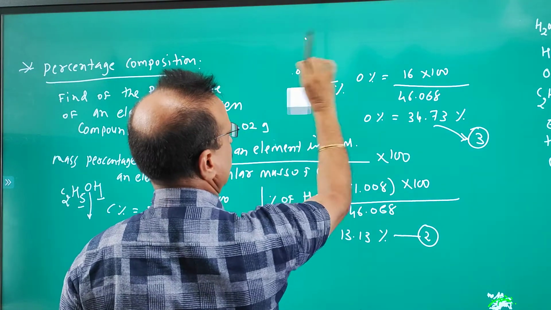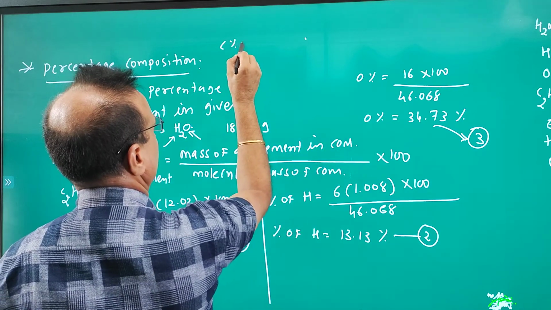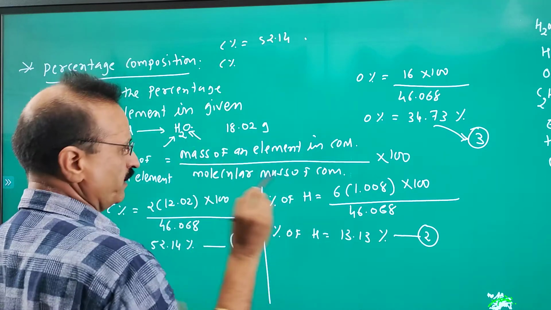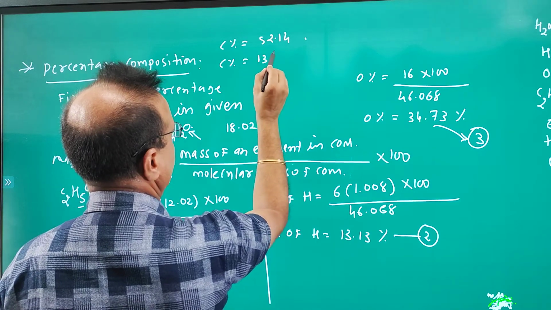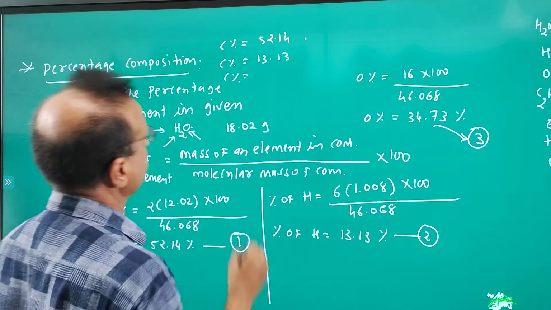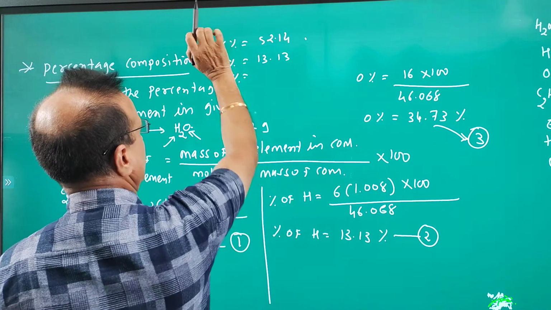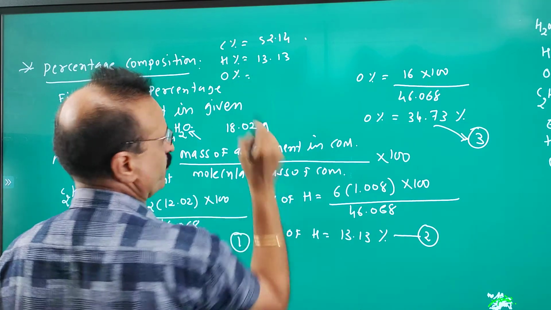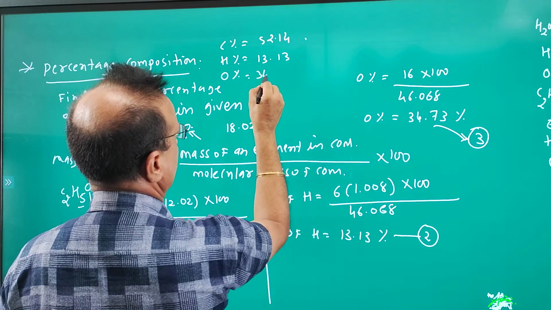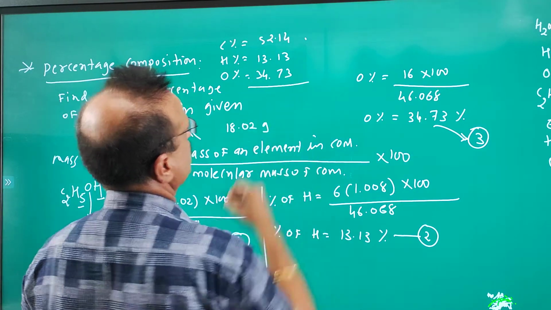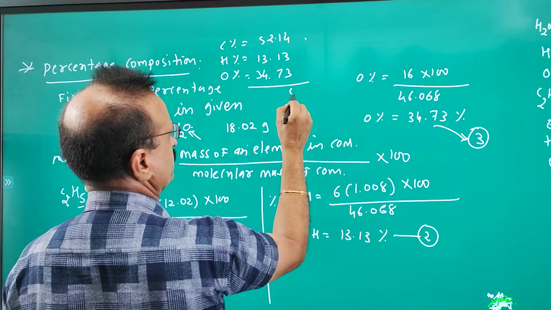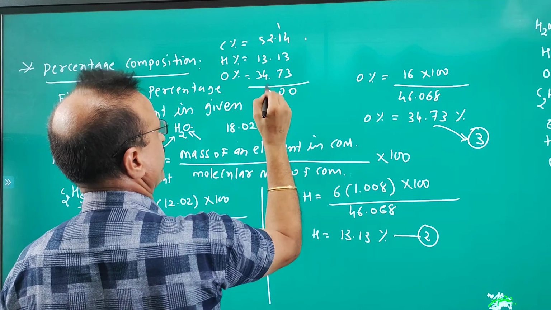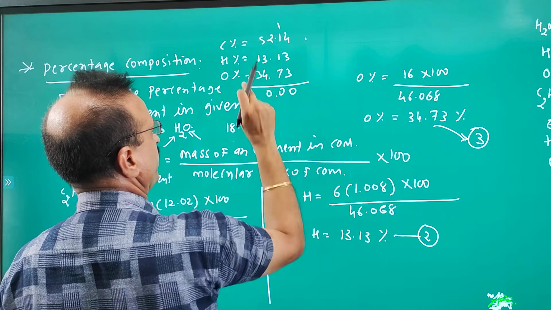Let's see what the answer is. 52.14 plus 13.13 plus 34.73. 4 plus 6 is 10. 1, 3, it is 10. 1 and 6 is 4, plus 10.